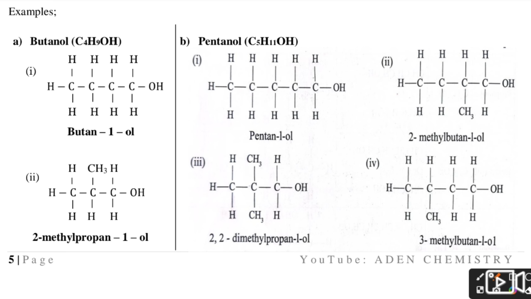So when we check now, it's going to have 5 carbon, 1, 2, 3, 4, 5. That's C5. We are going to have 11 hydrogen. That's 1, 2, 3, 4, 5, plus 3, 8, plus 3, 11, OH. That's the OH. So that means these are the 4 branching isomers of pentanol.